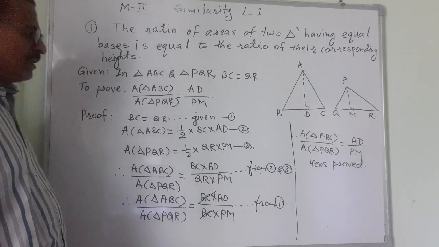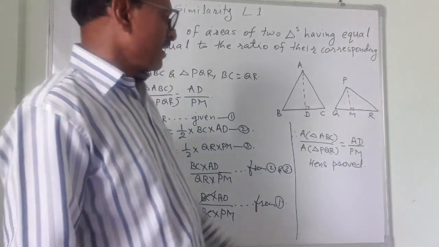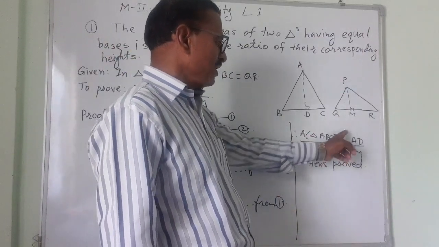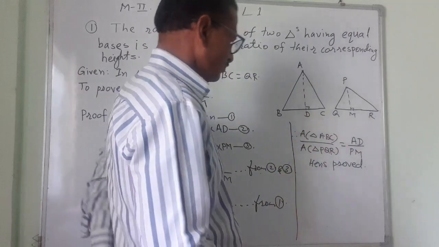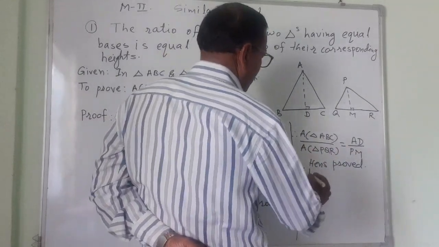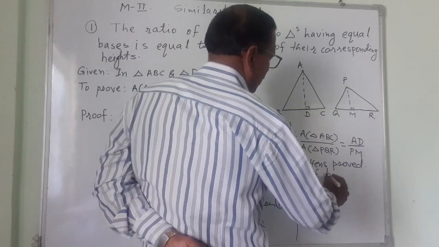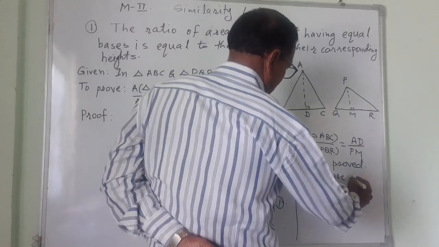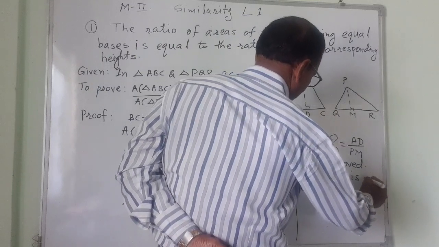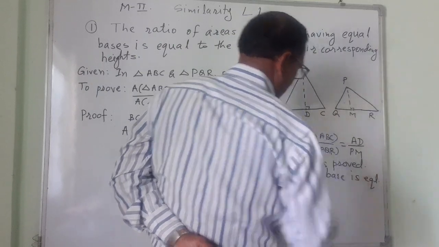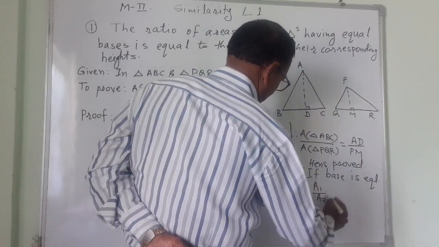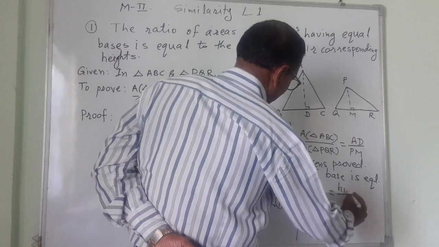In general, if the bases are equal, then area of triangle ABC upon area of triangle PQR is equal to H1 upon H2. So in general, if base is equal, A1 upon A2 is equal to H1 upon H2.